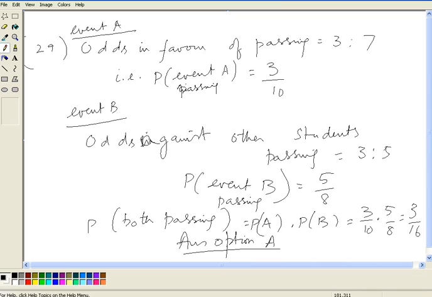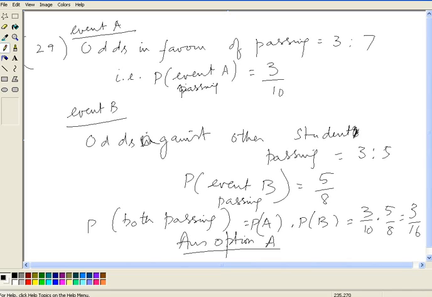And now for event B, that is student B, the odds against the other student passing is given to be 3:5.